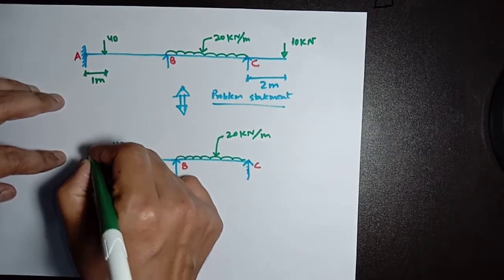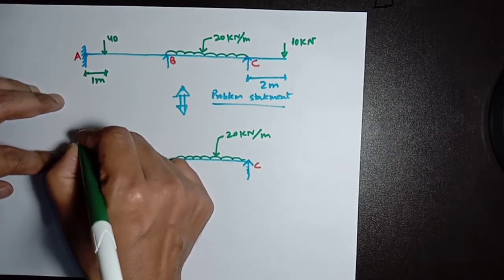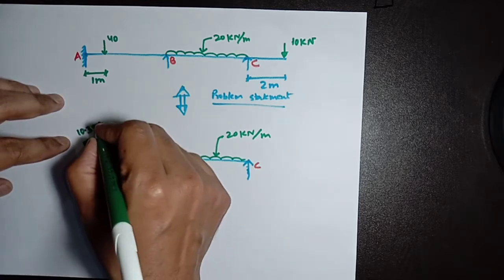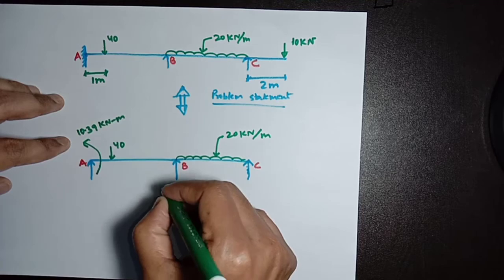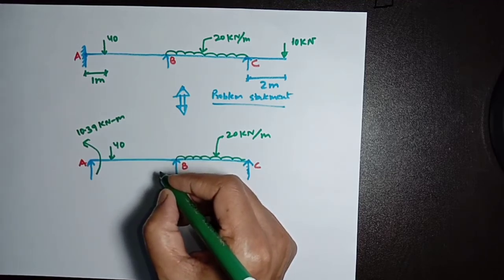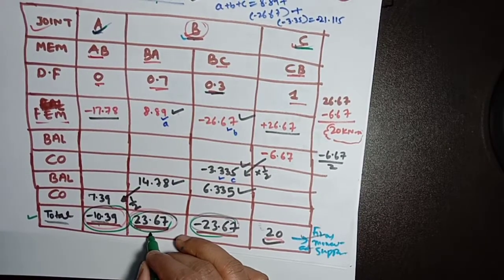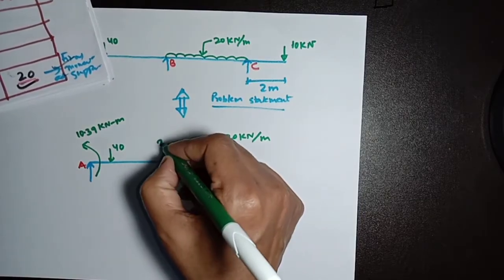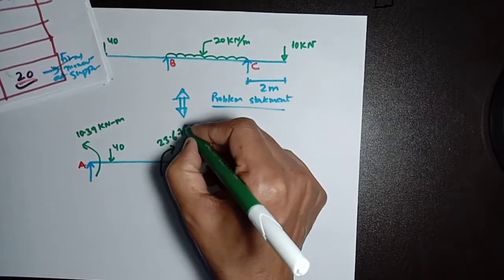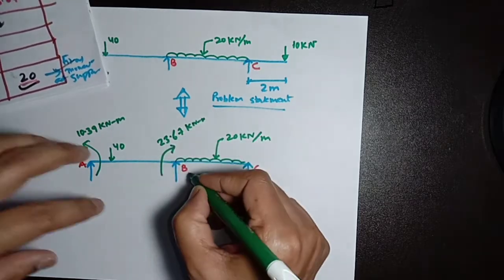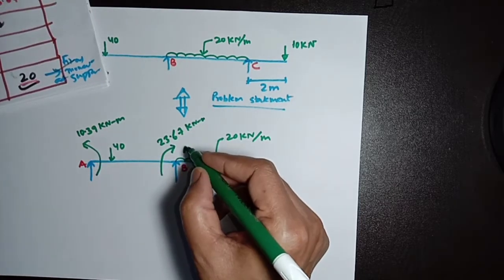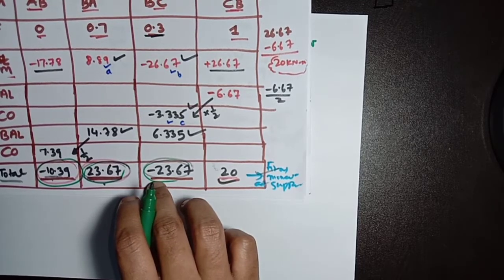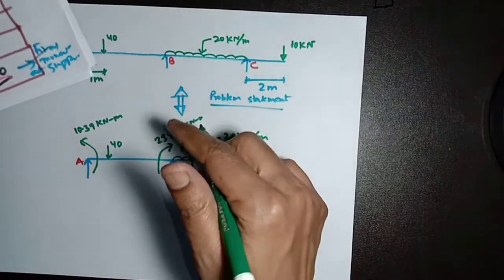So here an anticlockwise moment of 10.39 kilonewton meter is acting, and then you can see there is a moment of 23.67 which is positive. It means it is clockwise, 23.67 kilonewton meter, and there is an anticlockwise moment of the same, because it has a negative sign, so it will be in the anticlockwise direction.